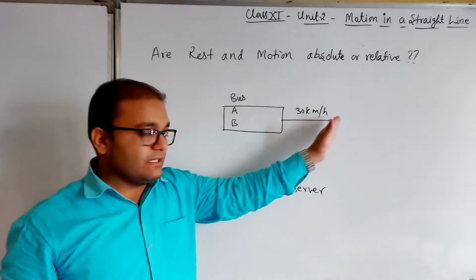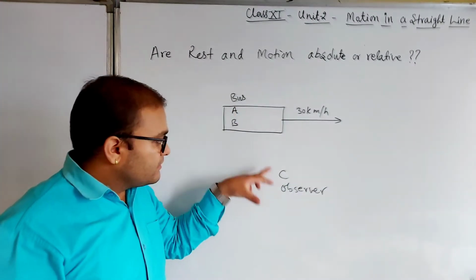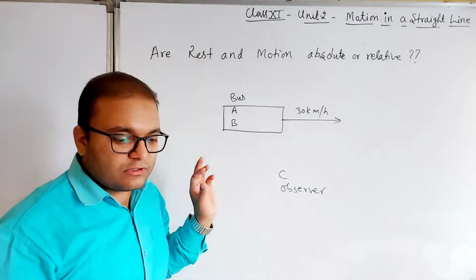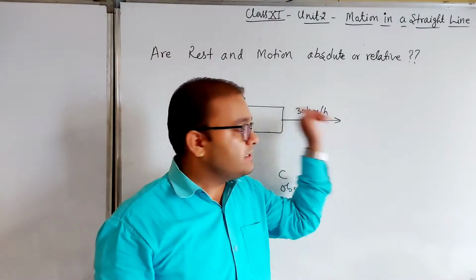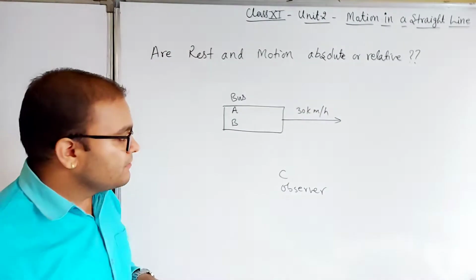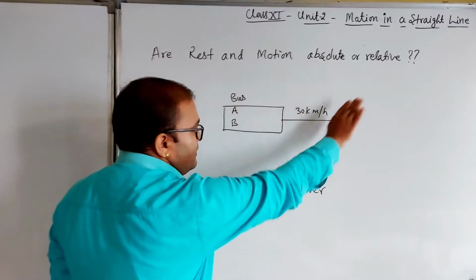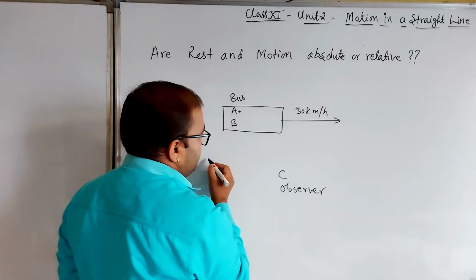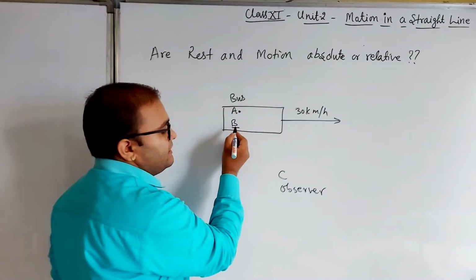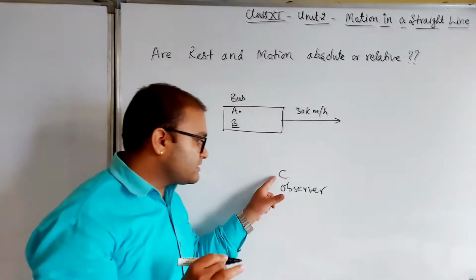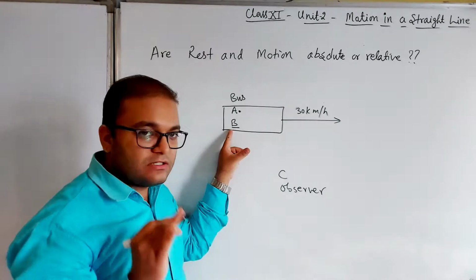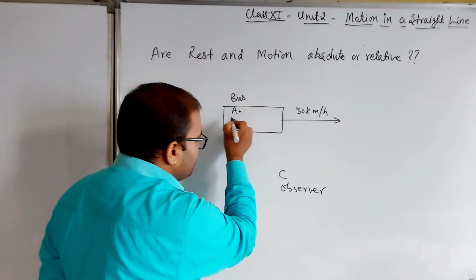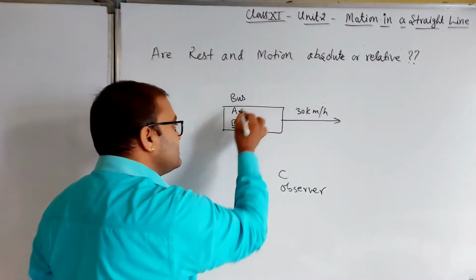The bus is moving, so the observer C will observe that both A and B are in the state of motion. For observer C, these two are in motion. But the person B is in the state of rest for the person A.